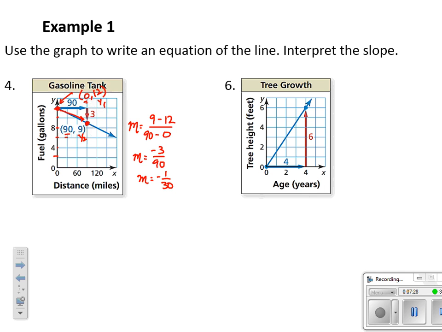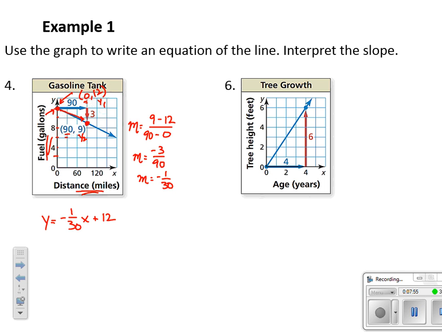And since we know the y-intercept is 12 right there, the equation of our line is y equals -1/30 x plus 12. Right? Interpret the slope. So our slope is -1/30. Well, what does that mean? The rise was our y-axis, our fuel, our gallons. The x-axis, our run, was a distance, miles.